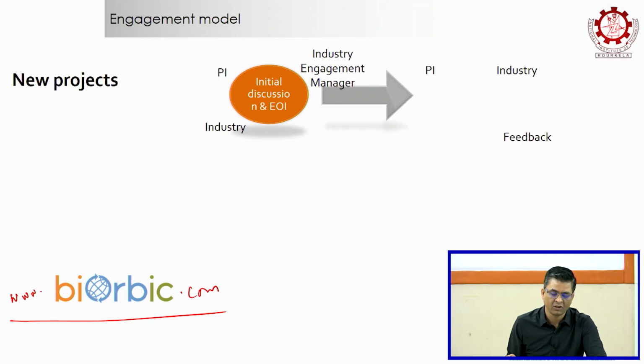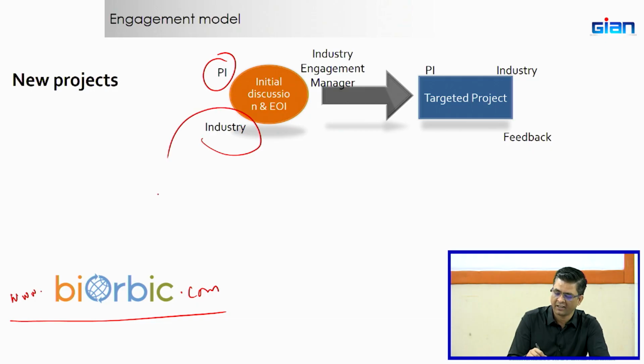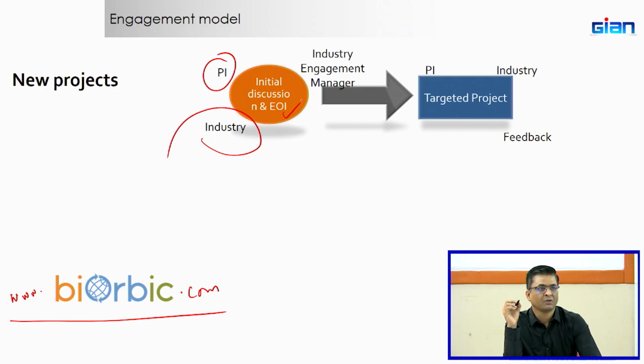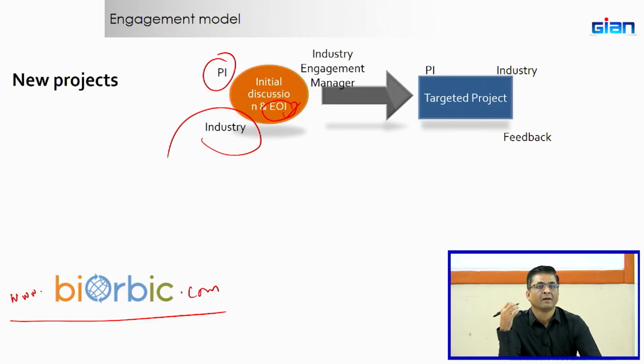So if you see any new project that is started, principal investigator, industry, we discuss what is required, and EOI. What does EOI stand for? Expression of interest. Industry says we have this problem. We have a researcher, he says we can solve the problem by doing A, B and C, a sort of co-creation activity.